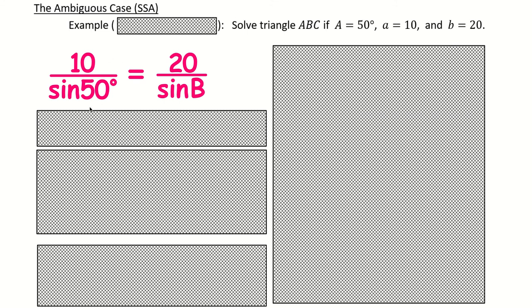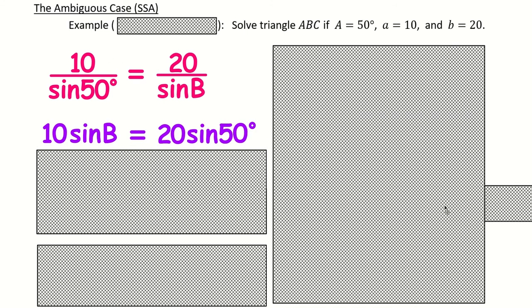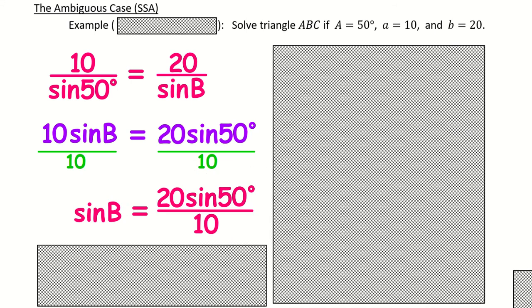The same sort of situation is going to play out here. We cross multiply to get to here: 10 times the sine of b equals 20 times the sine of 50. We get the sine of b by itself by dividing both sides by 10. Now, again, how do we figure out angle B from an equation like this?